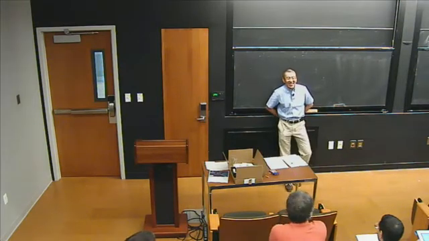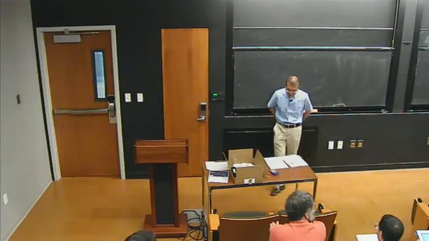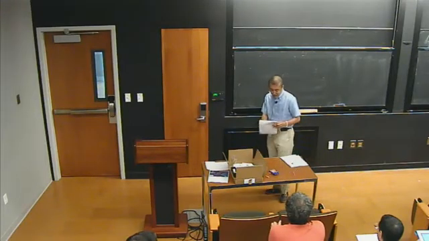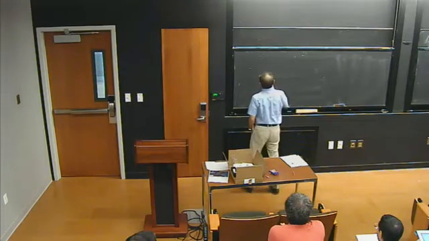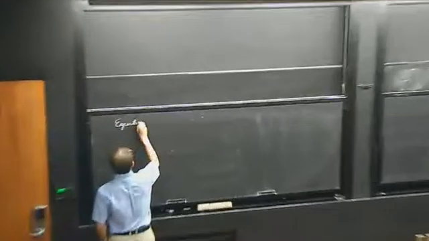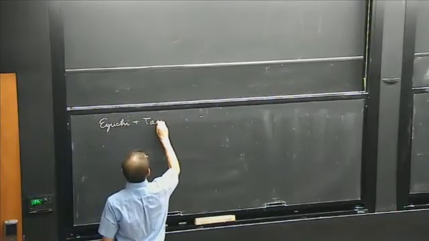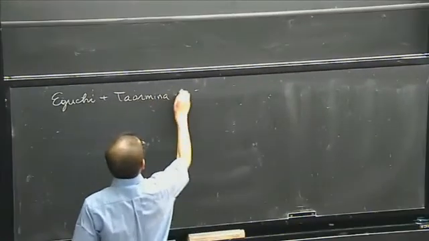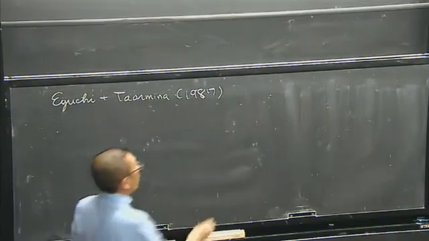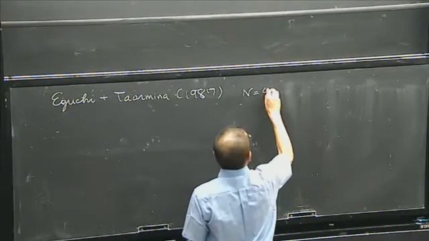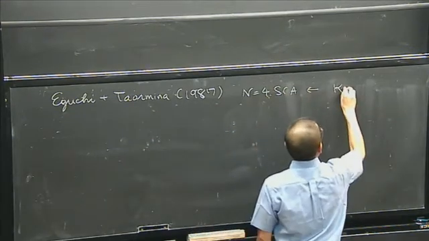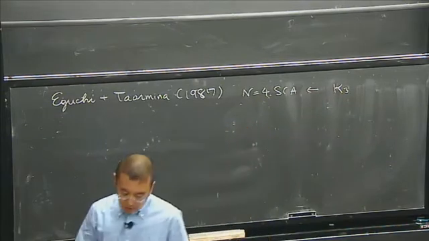And I didn't realize that exactly around the time the relevance to string theory was realized, because Eguchi and Taormina were studying characters of the N=4 superconformal algebra corresponding to compactification of string theory on K3.